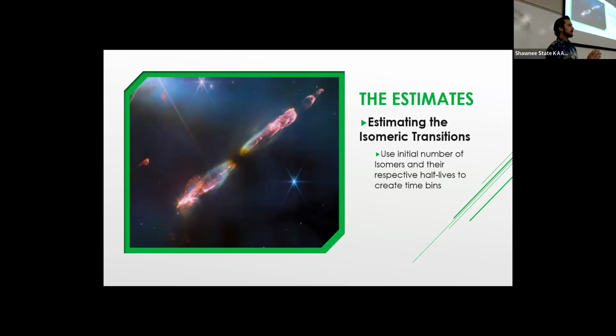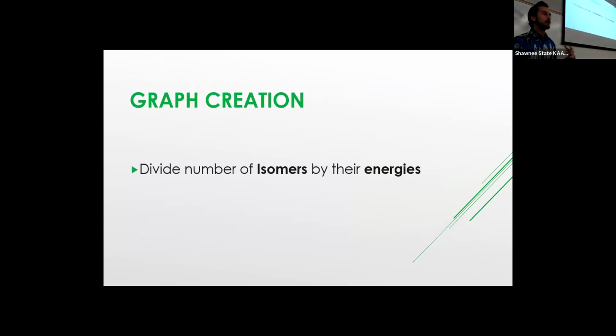And these time bins, you can go across and make a time spectrum to get almost like a black body curve of emission. And yeah, so same thing. So now we have the amount of isomeric transitions happening, which is the amount of gamma rays being produced.